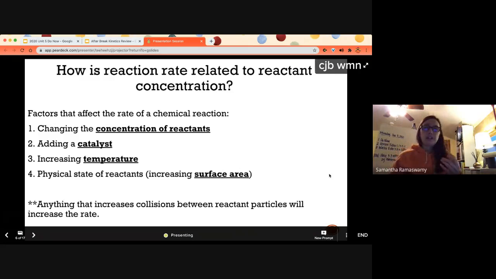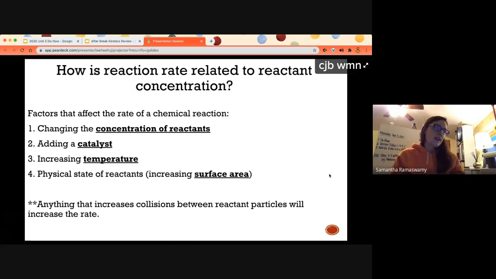So how is reaction rate related to concentration? There are different factors that affect the rate of a reaction. We talked about different factors that affect the rate of a chemical reaction. You can change the concentration of reactants. So here is where we focus in on reactants.